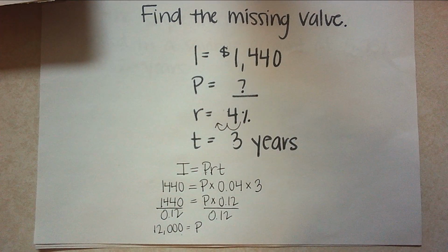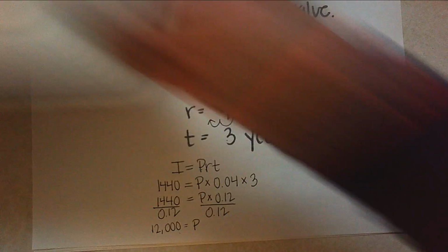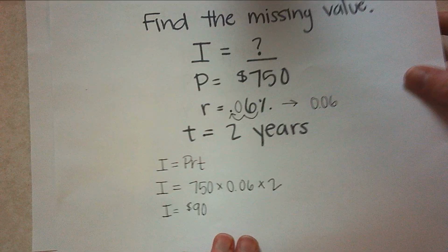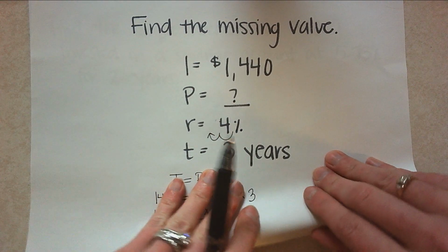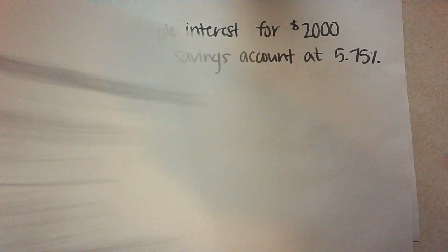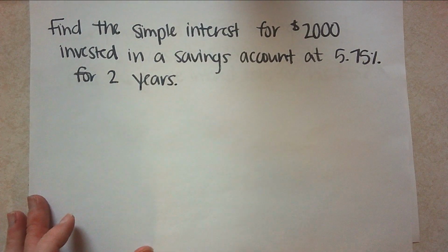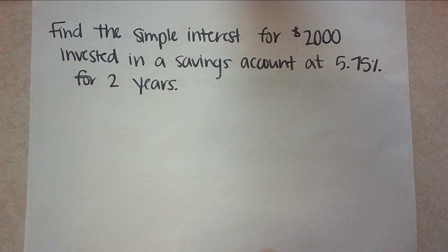So these first two, we used the equation I equals PRT to just fill in some missing values, given the other one that was a little more plain language. Now we're going to jump into a word problem where we're going to have to figure out what each of these things is.